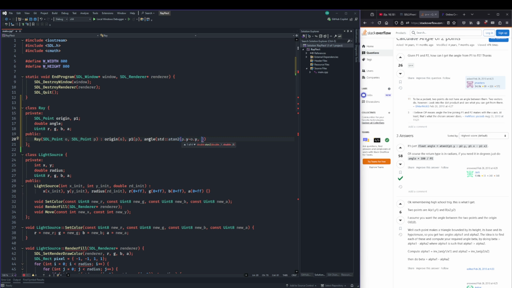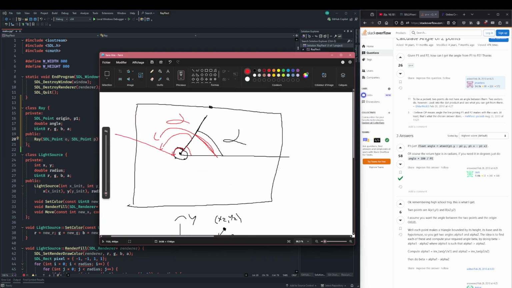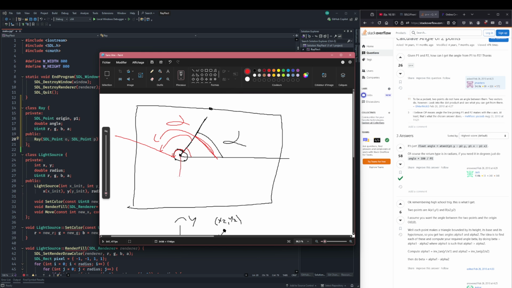Right, and also this is wrong, since in our case y evolves in this direction and x goes this way.